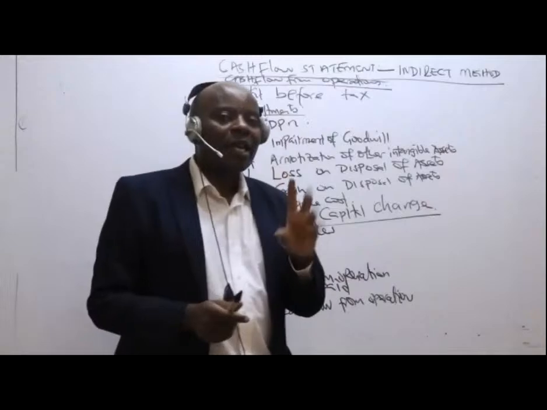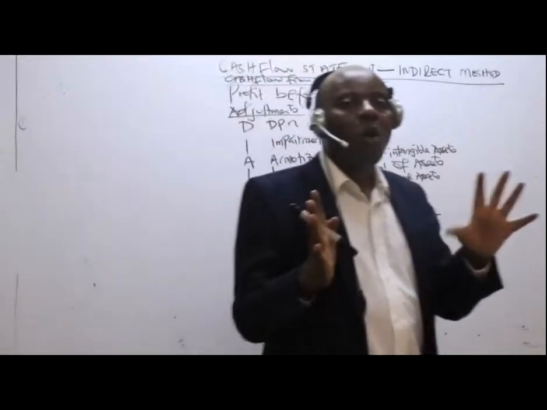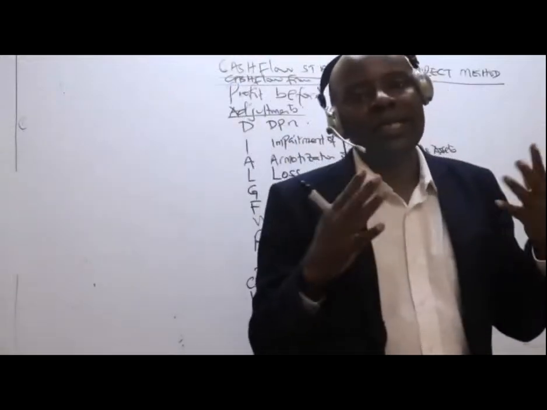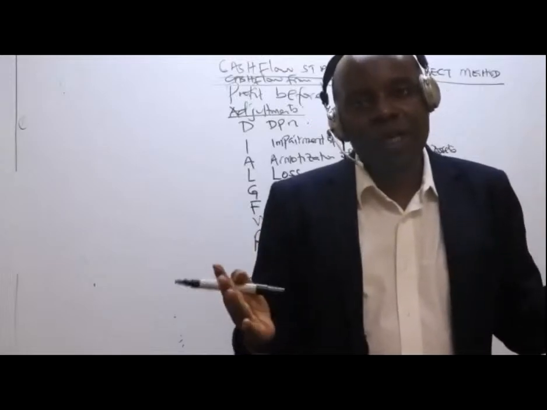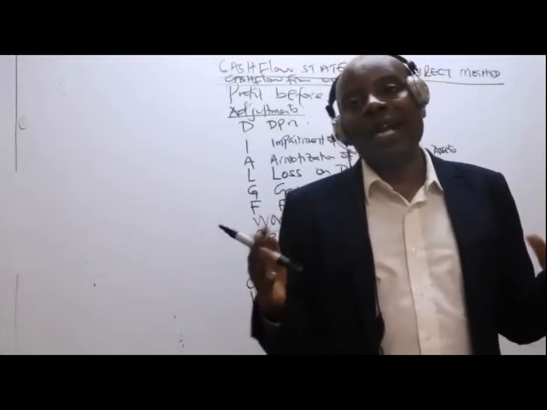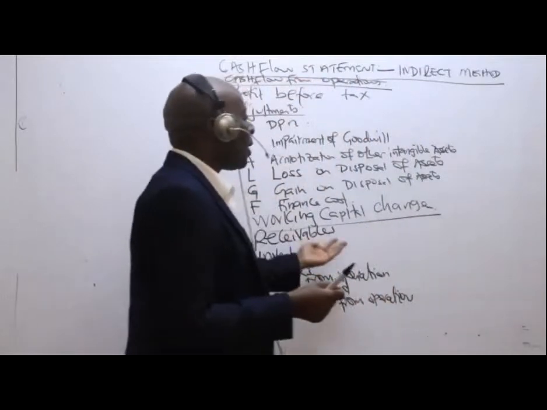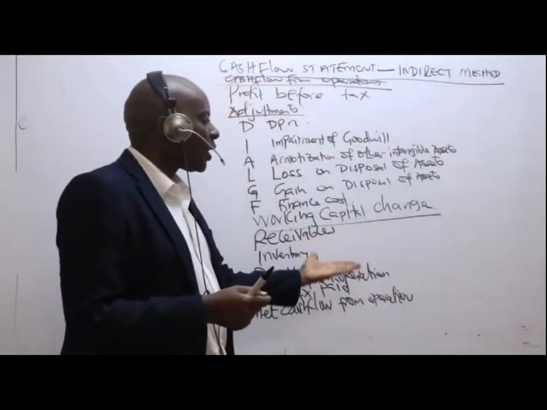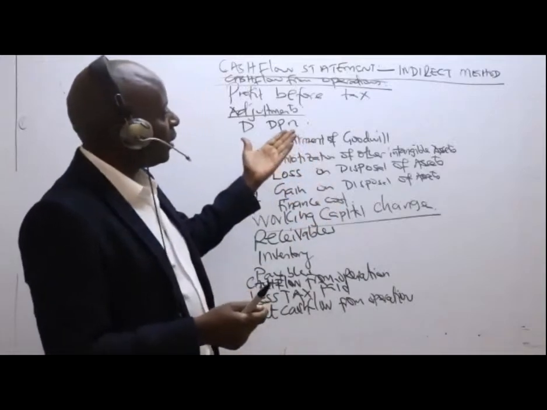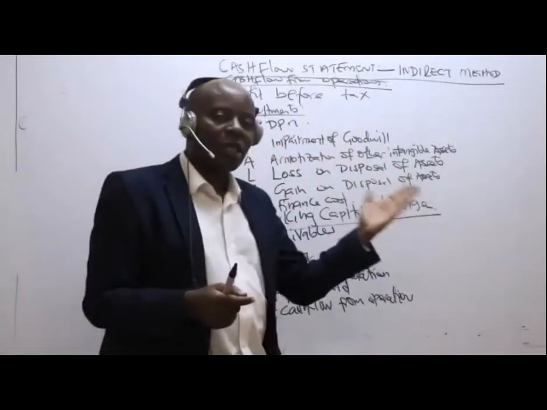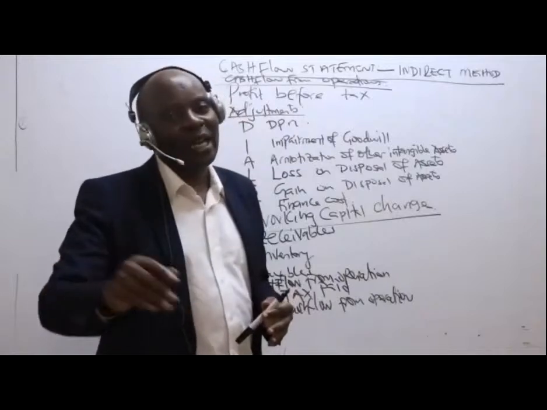IAS 7 does not allow you to combine those. You must distinguish between the three types of cash flows. We don't want you to raise money from loans and then say that you're going to use this money to pay dividends. The law does not allow that.